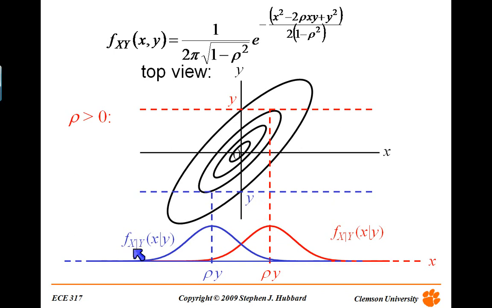And so the conditional PDF of x given y is not always the same in this case, because the random variables are correlated. Rho is not equal to 0, and the conditional PDF of x given y actually depends on the specific value of y, and that means that the two variables x and y are not statistically independent. They're not uncorrelated, and therefore they're not statistically independent.